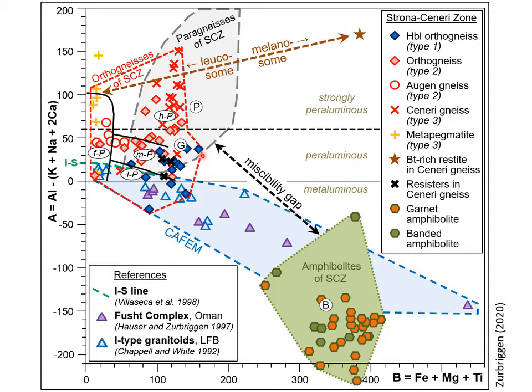And with respect to that, I had a closer look at the banded amphibolite formations, which are down here where amphibolites or metabasalts plot. And there is a distinct gap between the amphibolites and the metasediments or the orthogneisses.